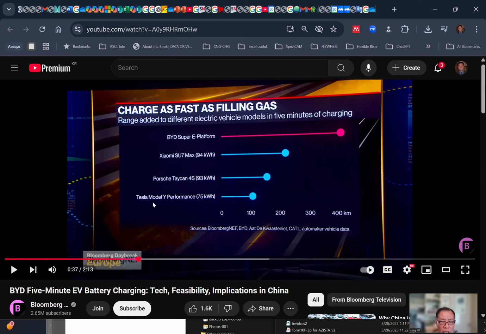Now the Tesla can reach 100 kilometers. Now the Porsche and Xiaomi and BYD can reach 400. This is really fantastic technology. I would like to copy these things.